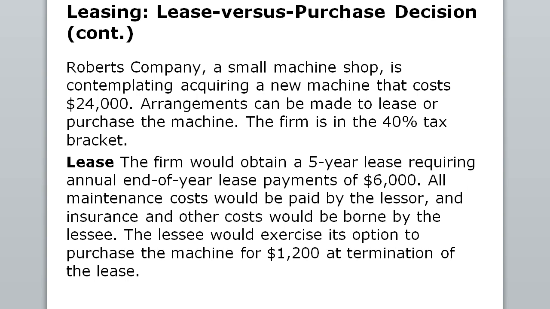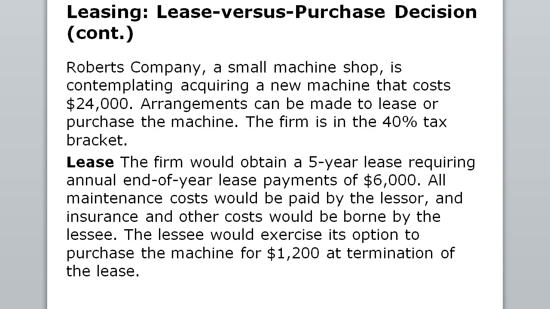So let's go through an example. Robert's company, a small machine shop, is thinking about acquiring a new machine that costs $24,000. Arrangements can be made to lease the machine or purchase it. We're going to assume that the company has a 40% tax bracket.